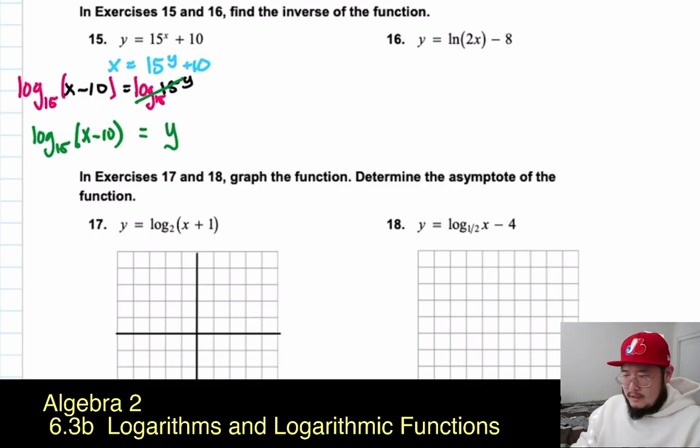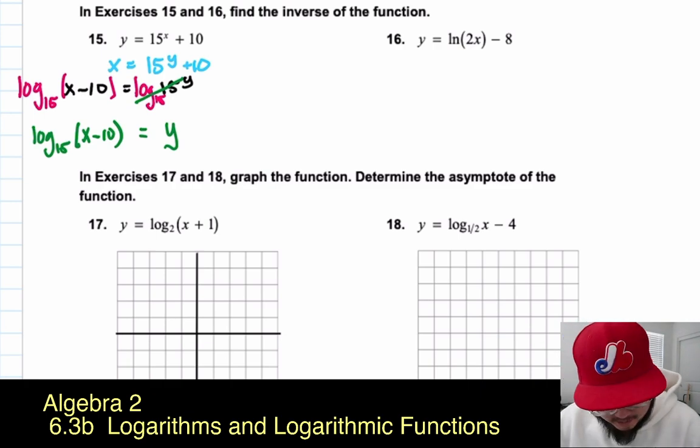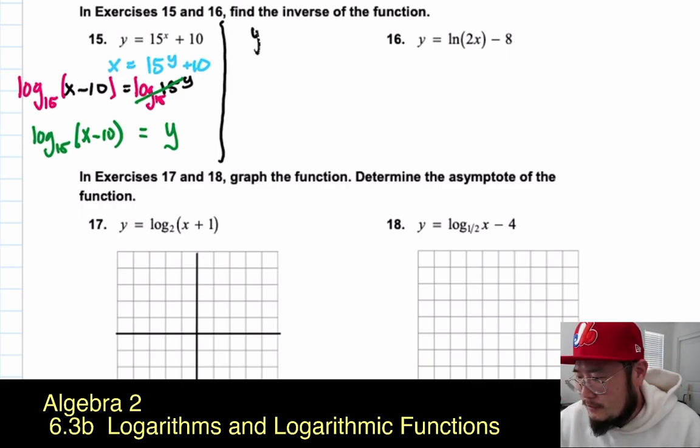Let me throw in another example right here, a little bonus example for you guys. This time we've got y is equal to 4 to the x power, and we want to find the inverse. So we'll start off. We'll go ahead and switch x and y. So x is now equal to 4 to the y power.